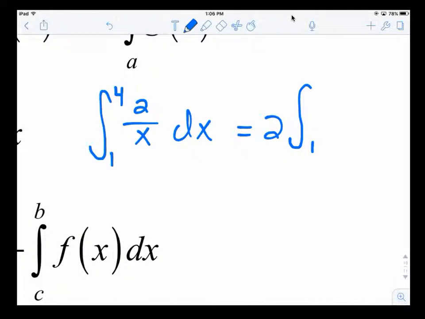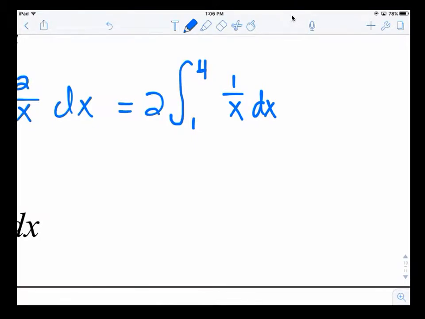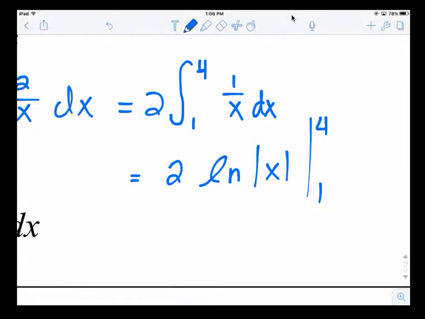So I have 2 times the integral from 1 to 4 of 1 over x dx. The antiderivative of 1 over x would be what? And then you would evaluate it going from 4 and then to 1.